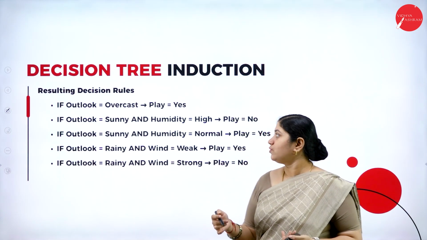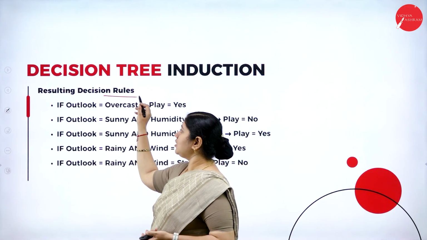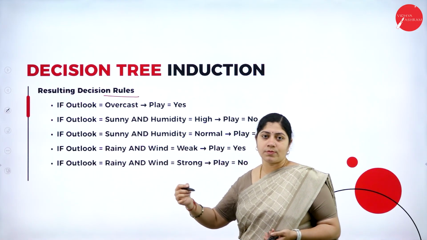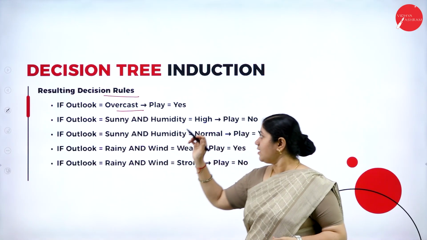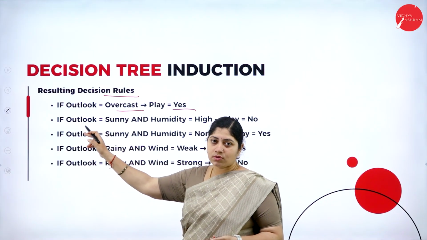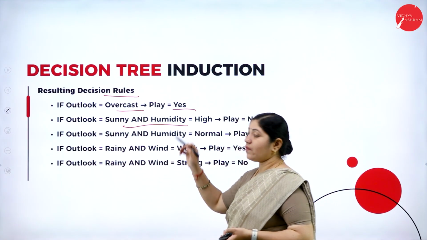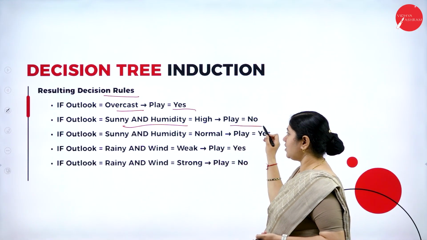Let's move forward and see how the resulting decision tree, or the decision rule, is formed. If the root node goes with overcast, then can we play tennis? Yes, we can go forward. And if the outlook is sunny and humidity is high, then can we play tennis?